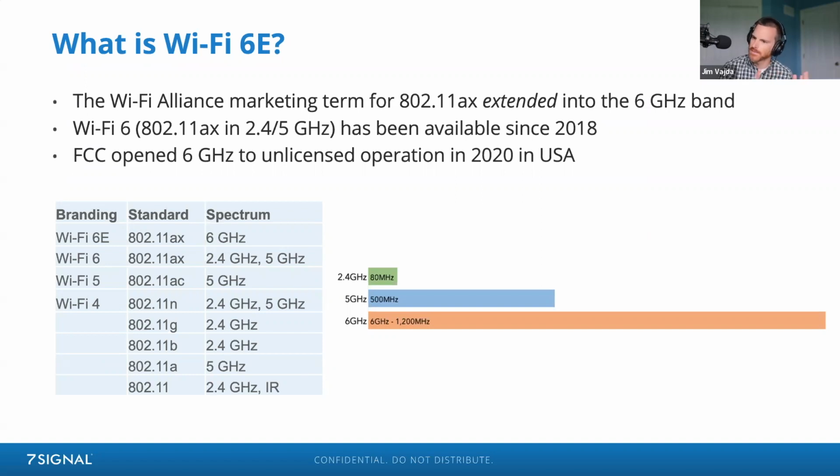Some countries have started with 500 megahertz or so and are considering adding more. It's a big deal to have that much more spectrum available, because the other bands, 2.4 and 5 gigahertz, are certainly significantly smaller than that.